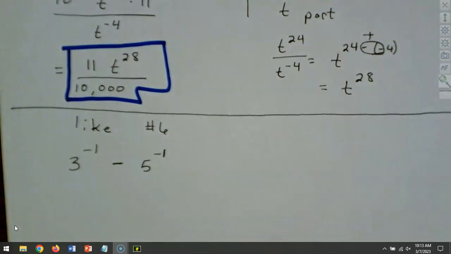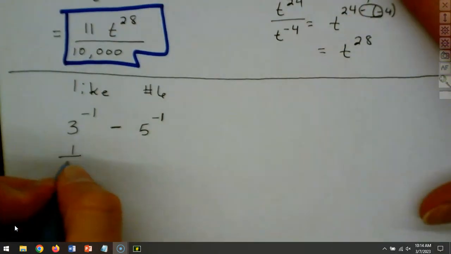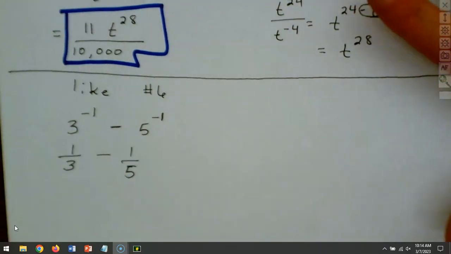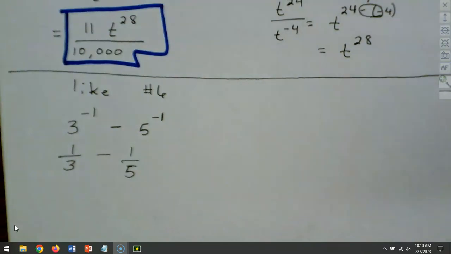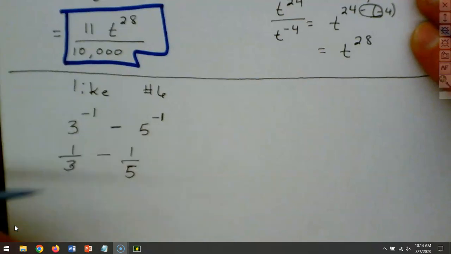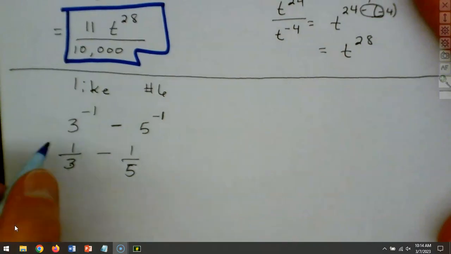Now, what we need to do is first do our exponents. Then we can deal with the subtraction. Remember, these are negative exponents, so we can rewrite this as 1/3 minus 1/5, because negative exponents become fractions. Now, if I want to put these together, I need a common denominator.